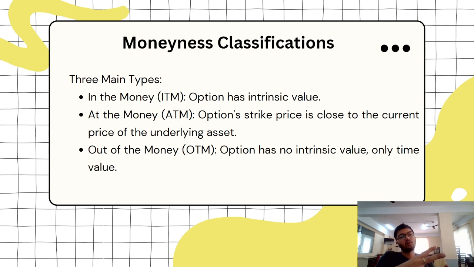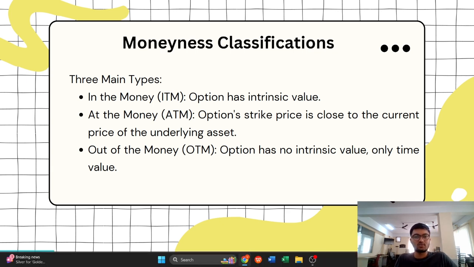As I was stating these three terms, in the money, at the money, out of the money, in past videos, let's clarify today what exactly they are. Imagine Reliance. Reliance is currently trading, let's say, at 3,000 rupees. We'll check the price of Reliance.